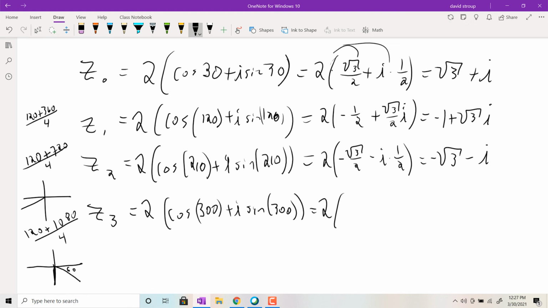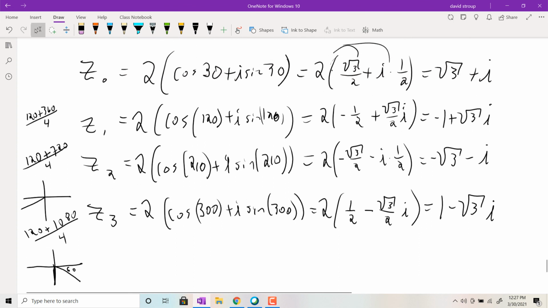And so we're in the fourth quadrant. Cosine is positive, and at 60 degrees it's 1/2. And then sine will be negative, minus root 3 over 2 i. So it'll be 1 minus root 3 i.